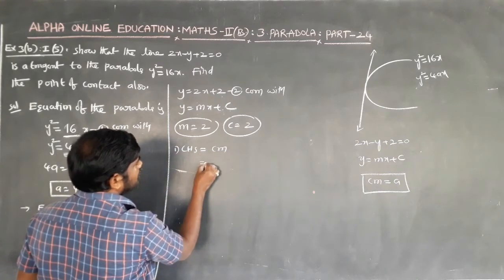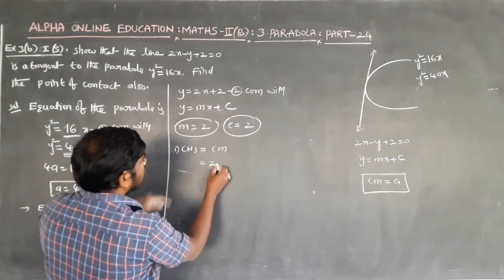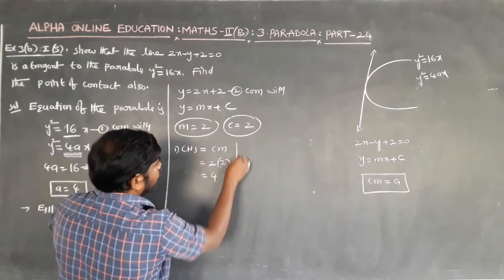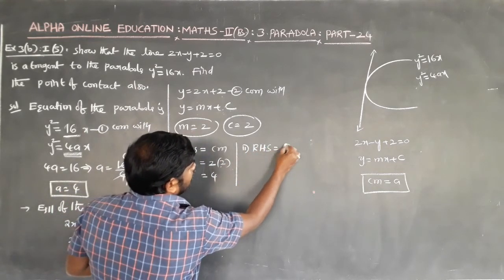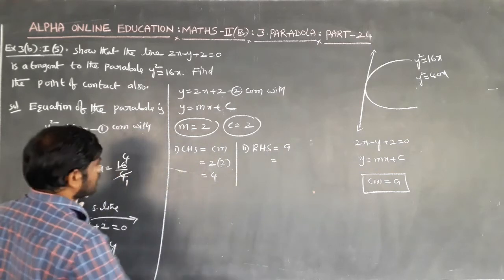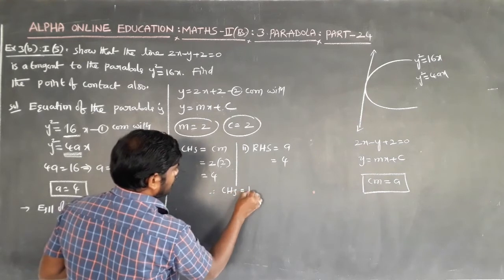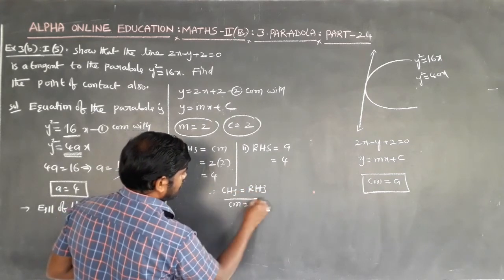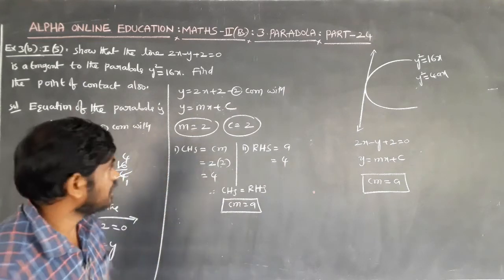LHS value is cm, c is equal to 2, m is equal to 2, 2 twos are 4. Second one is RHS value a, a is equal to 4. So therefore LHS equal to RHS, means cm is equal to a.